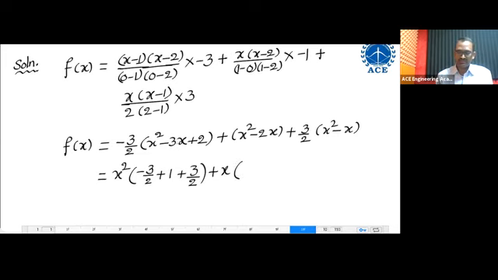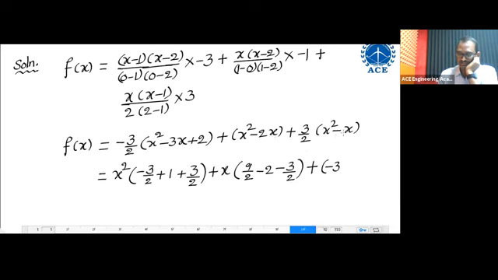Minus 3 by 2 into -3 plus 9 by 2 x. So 9 by 2. Here -2. Here 3 by 2 into -x, minus 3x by 2, x coefficient minus 3 by 2. All constants in the last bracket. Minus 3 by 2 into 2, minus 6 by 2, minus 3.